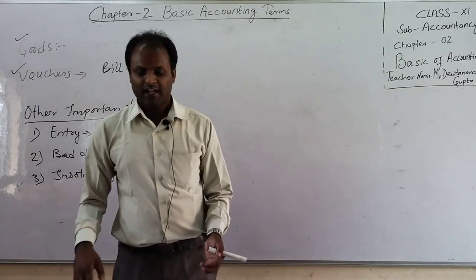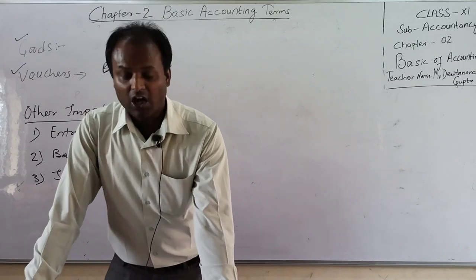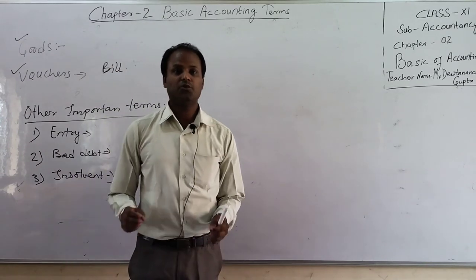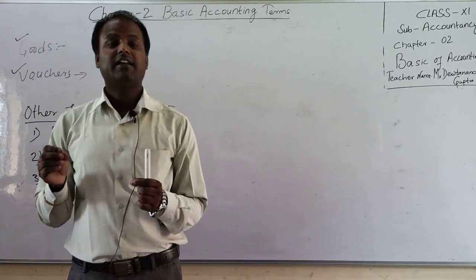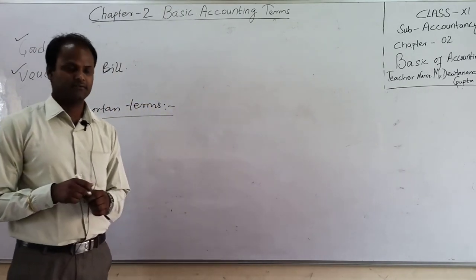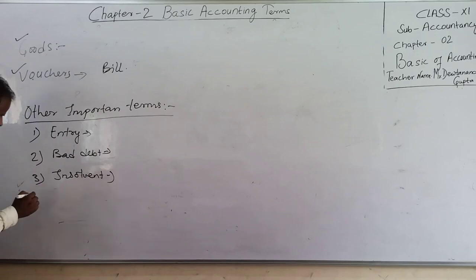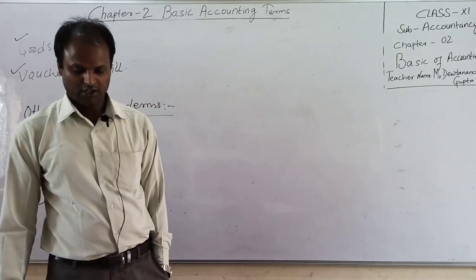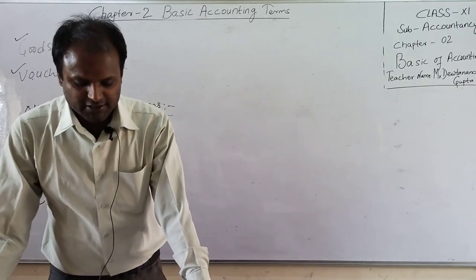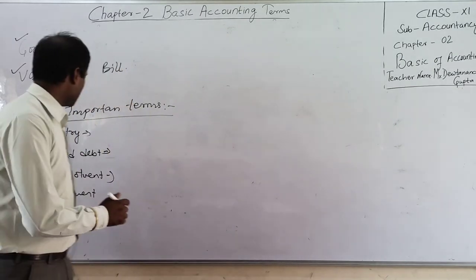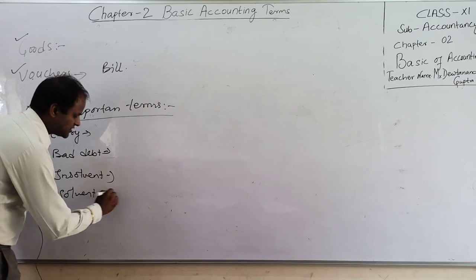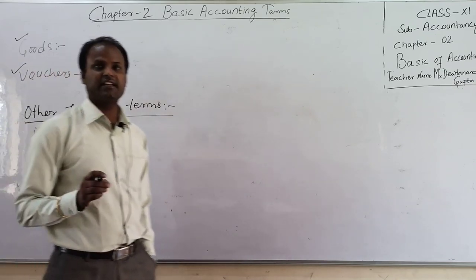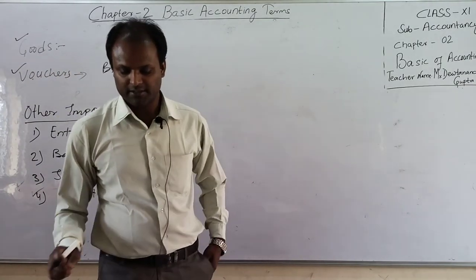Here insolvent means a person or enterprise who is not in a position to pay his debt. Now we are going to the next point, that is solvent. Solvent means the person who is in a position to pay his debt.